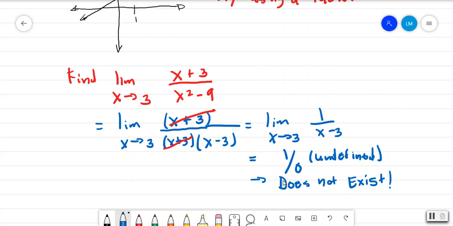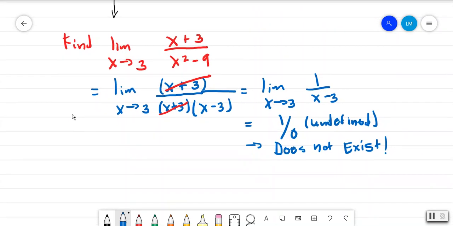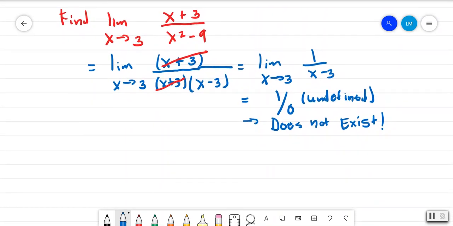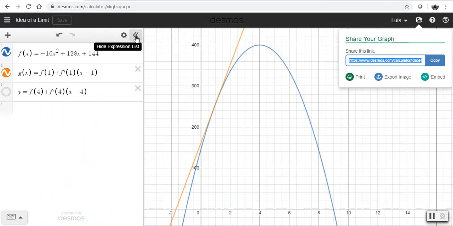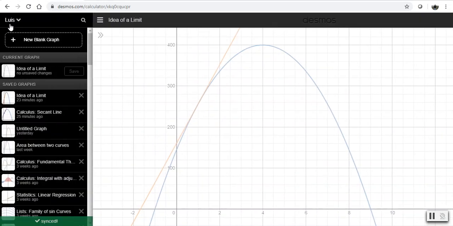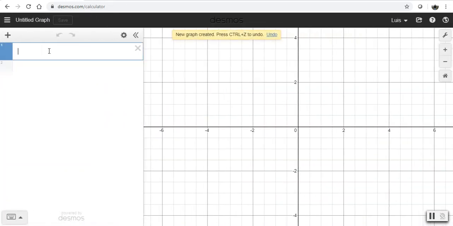Now, if we used the graph, let's look at what happens if we plug this into our graphing calculator or even Desmos.